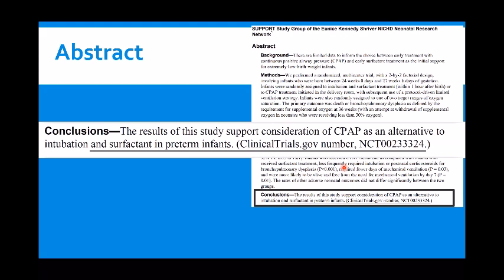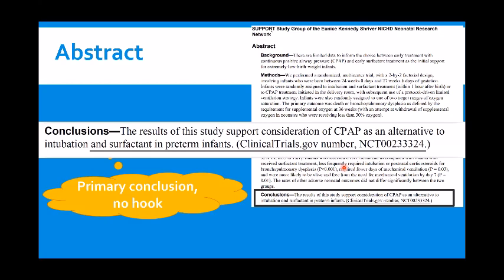There is no exaggeration. But if I wanted to exaggerate, I would say, well, CPAP is the clue. CPAP can do anything. Without CPAP, babies can die, and so on. So usually in the abstract conclusion, they only concentrate on the primary outcome, not the secondary outcomes.